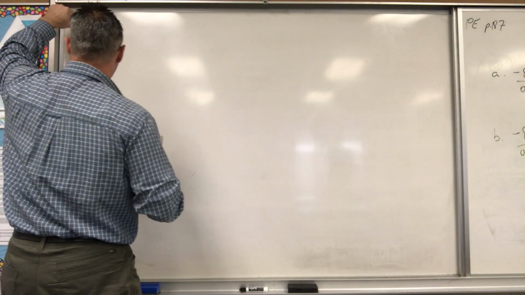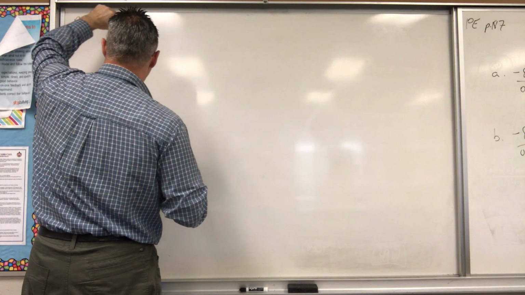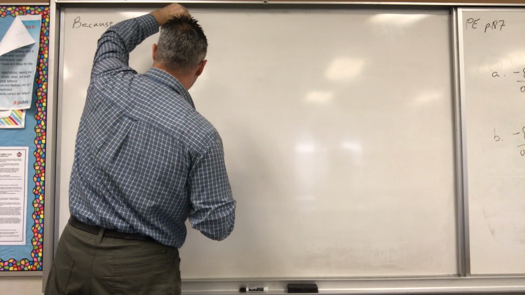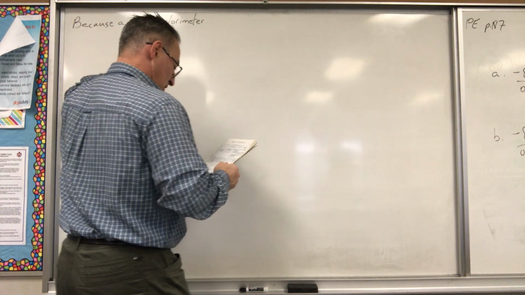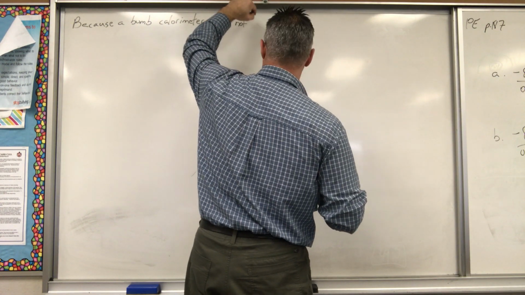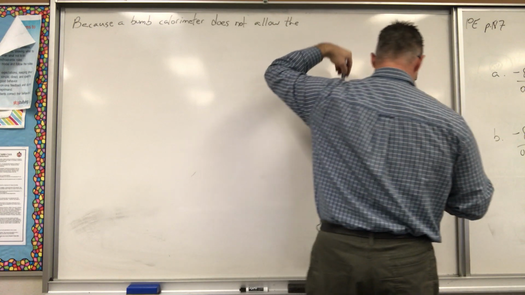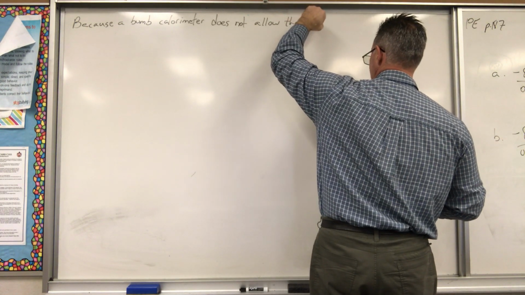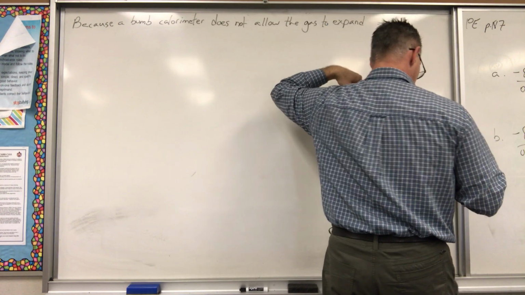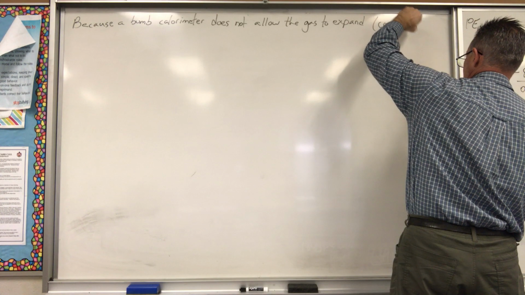Now, because a bomb calorimeter does not allow the gas to expand, it's called constant volume conditions.